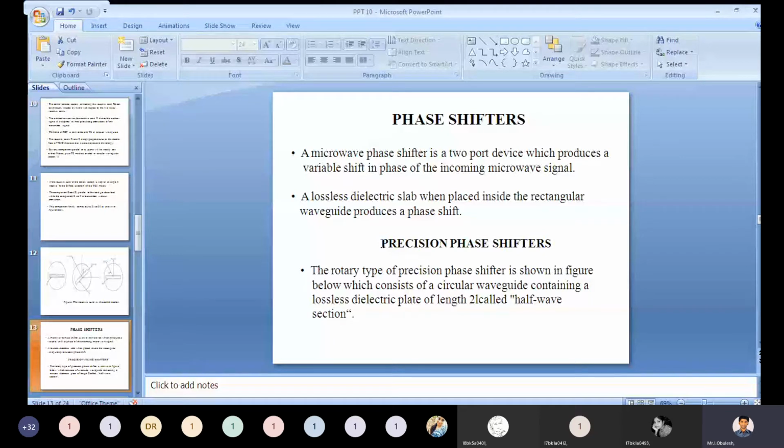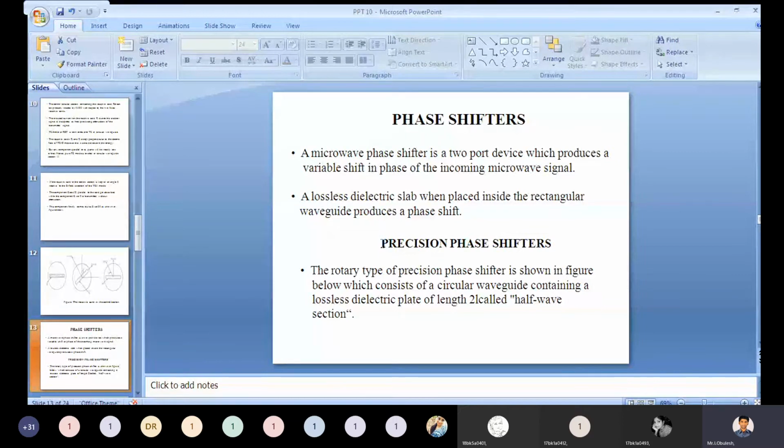A lossless dielectric slab, when placed inside the rectangular waveguide, will produce a phase shift.